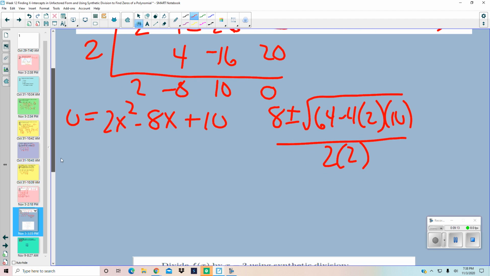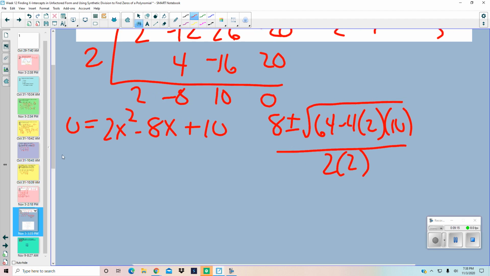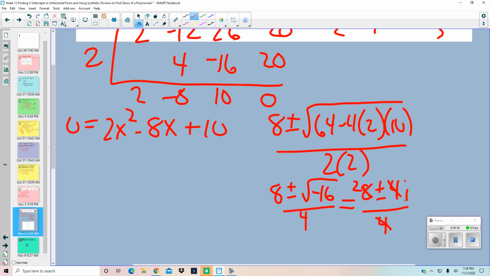If I take 64 minus 80, then that's going to give me -16 under the radical. So that would be 4i. When you have something in common in each term there, I can take out. So what I get is 2 plus or minus i as my other two solutions.